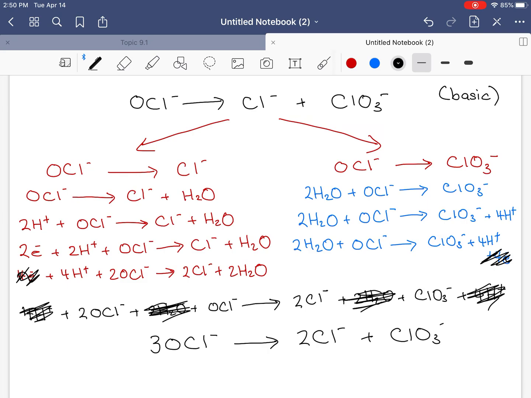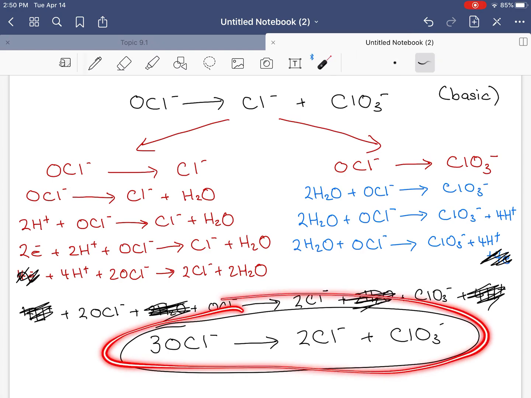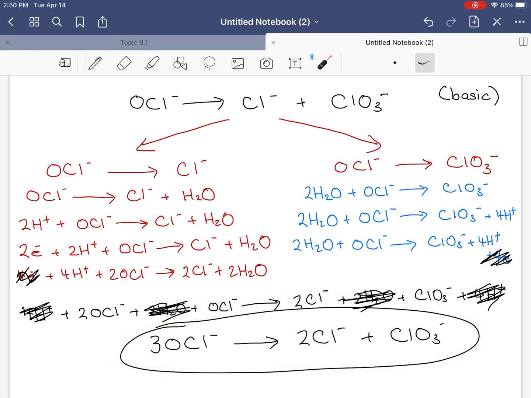Right? Now, it does seem silly that we're doing all this work to get this, because you can just balance this as is from the top. But anyway, I'm sure these steps are necessary to show why the balanced reaction is as such.